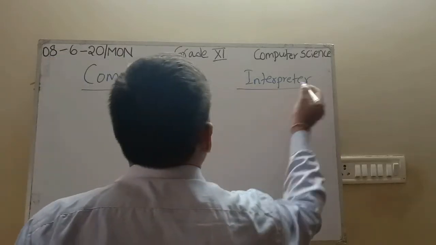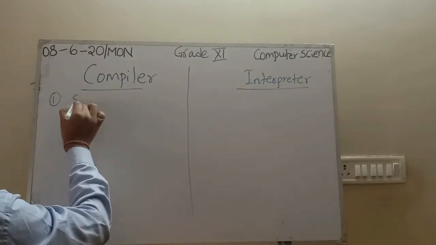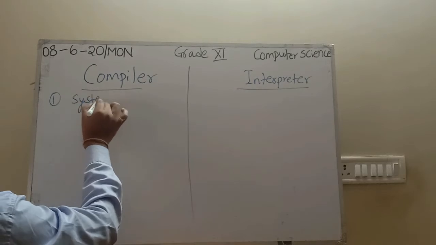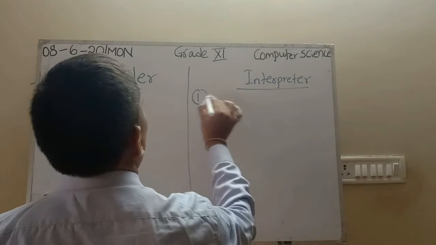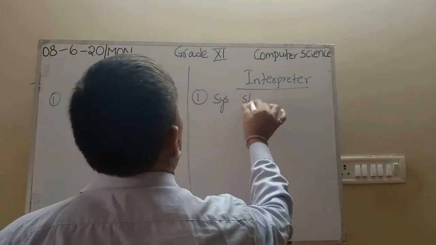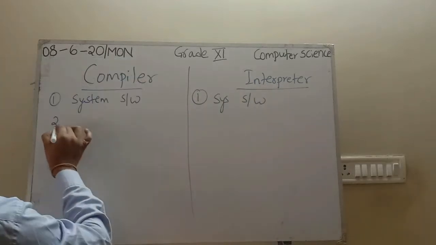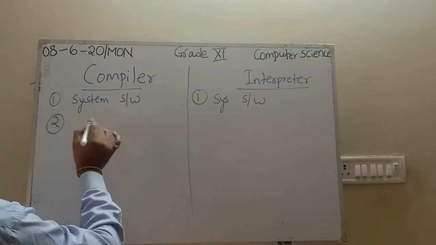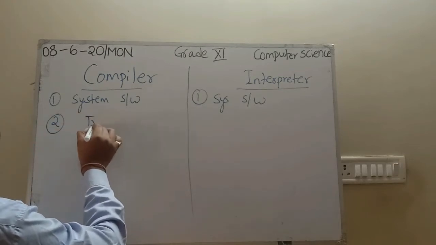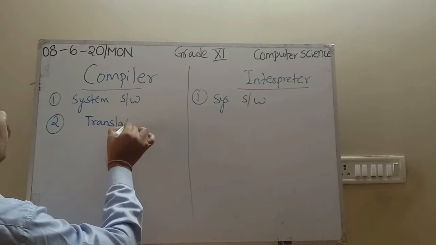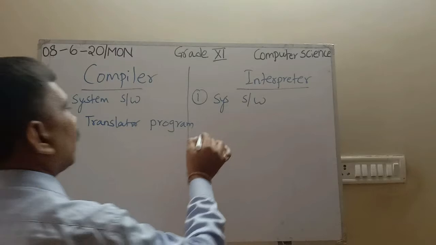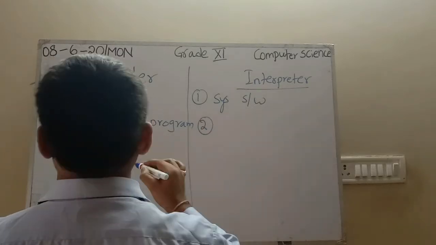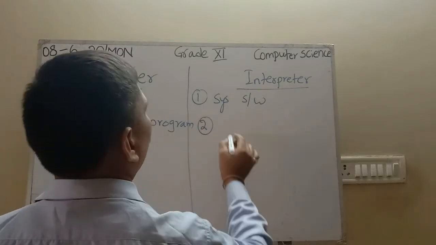Now, the difference between compiler and interpreter. These two are system software programs, used as translator programs from high level language to low level language, that is machine level language.